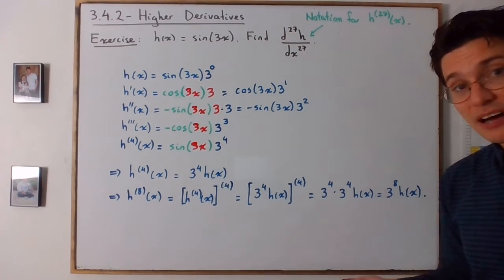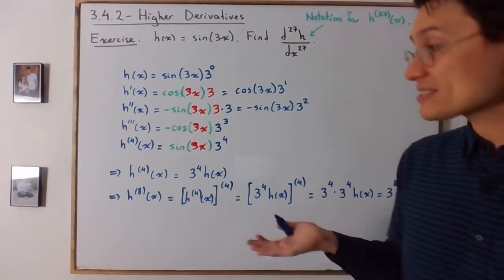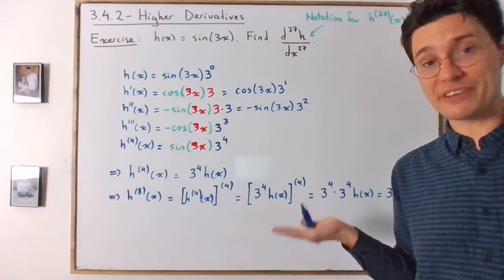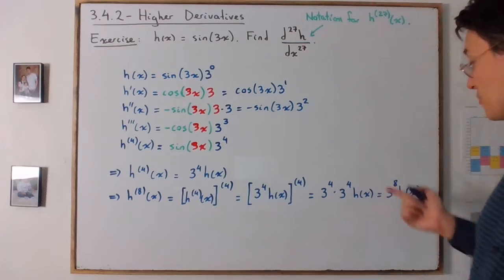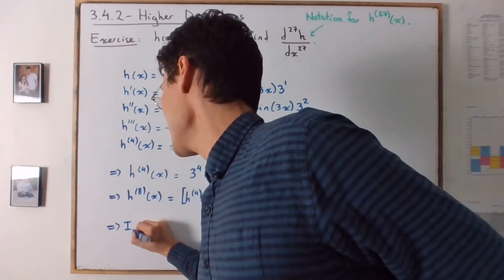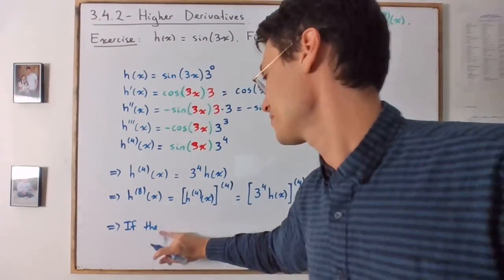So what did we discover? And we could prove this fairly easily. We discovered that if the number of derivatives is a multiple of 4, then we have this very convenient rule.